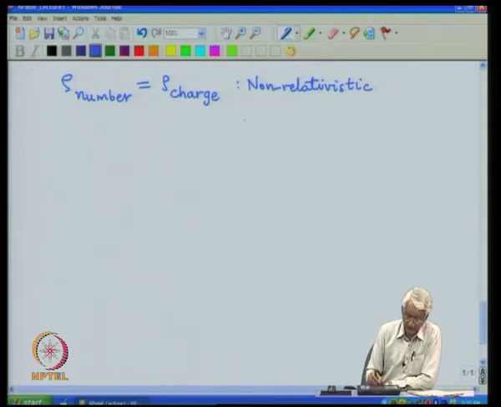On the other hand, it is going to be the case that in relativistic theory these two objects in general do not coincide.